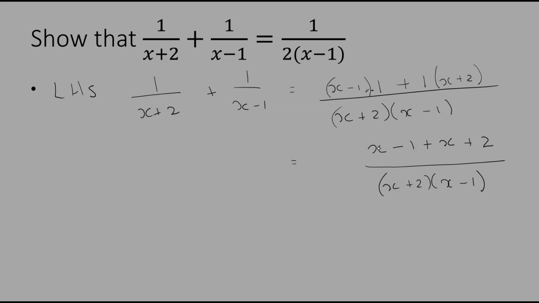Be careful that you don't just go, oh yeah, look, I can cancel that and I can cancel that. No, you can't. So now we need to simplify the top line and we get x plus x, which is 2x plus 1 over x plus 2 times x minus 1.